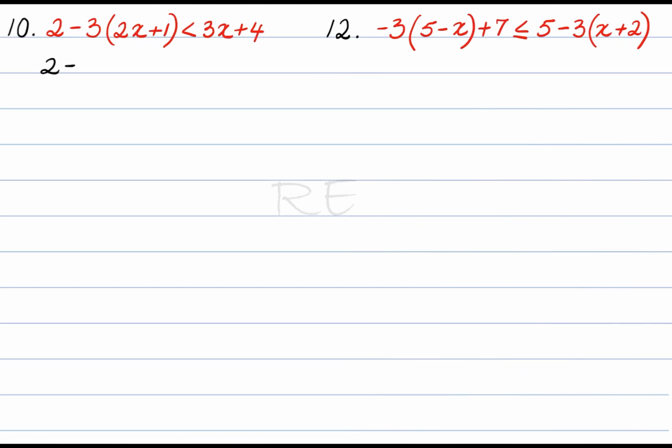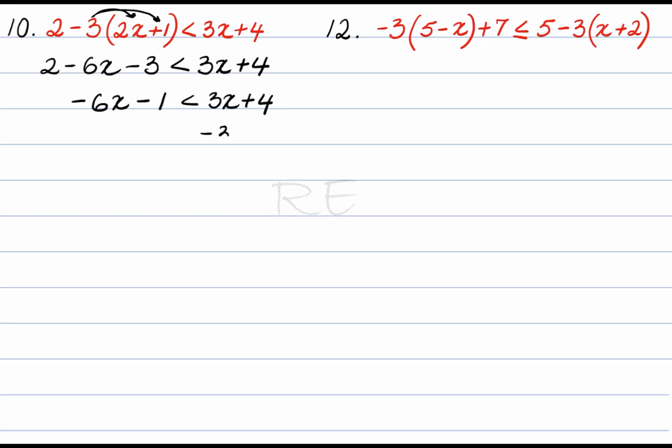Now, for 10, we're going to leave 2 alone and distribute -3 over 2x plus 1, -6x minus 3, strictly less than 3x plus 4. Collect the like terms. 2 plus -3 will be -1, and -6x stays the same.